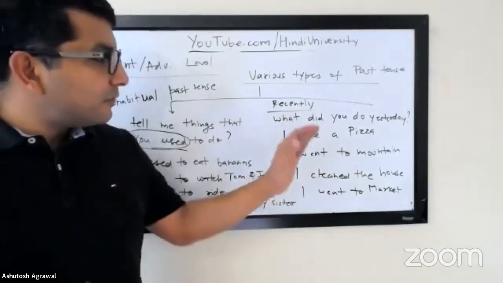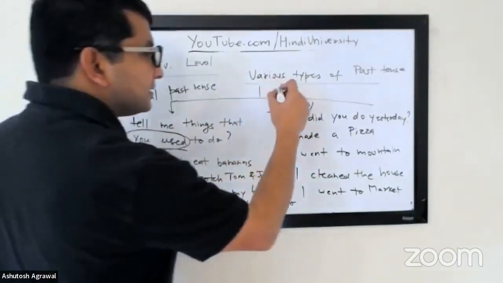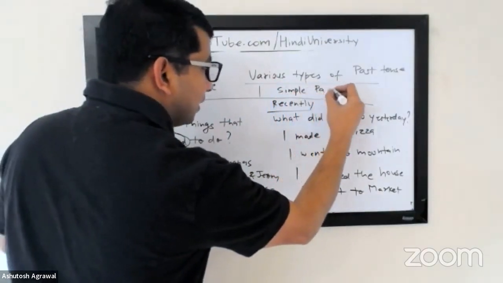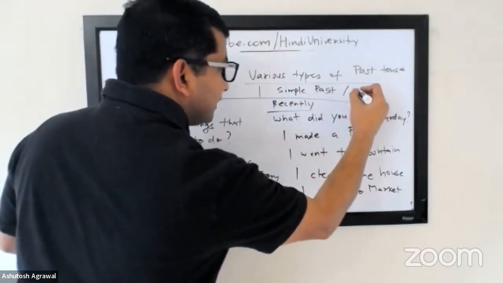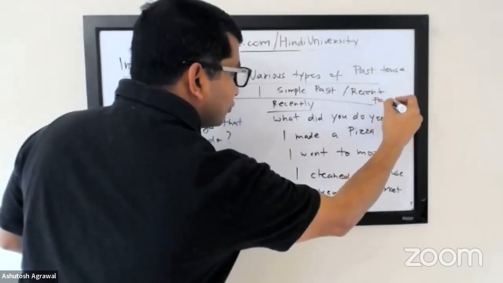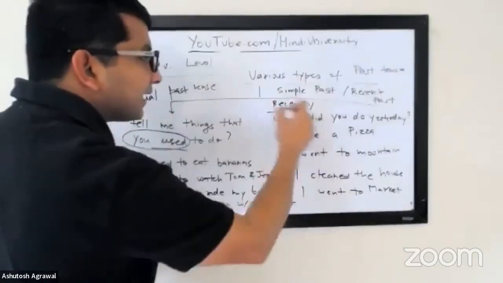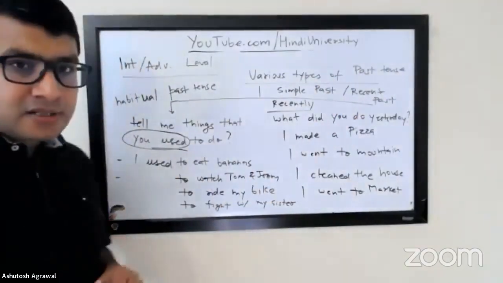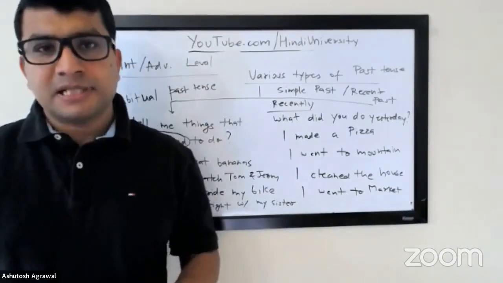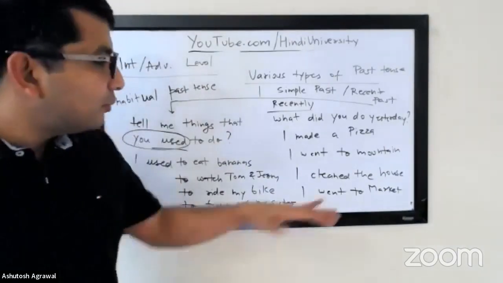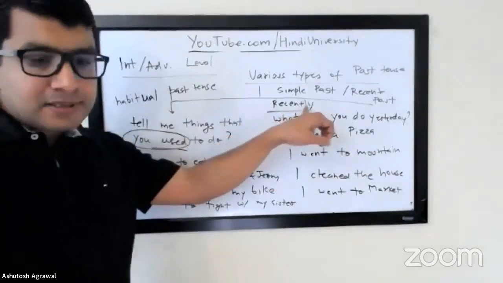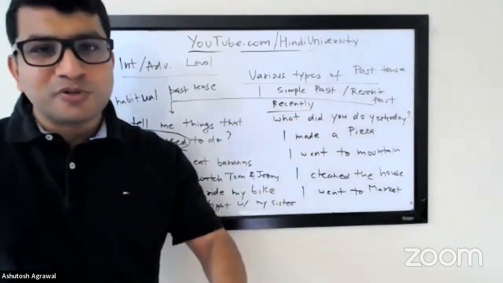You can refer to it as simple past tense, or you can also refer to it as a recent past. The most common explanation that you will see in the academic books is simple past or past indefinite. In Hindi, the most common that you will see is the habitual past and the simple past.